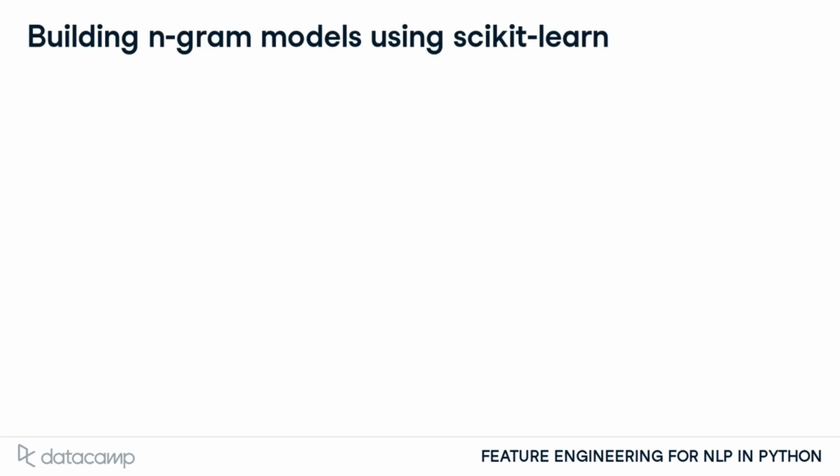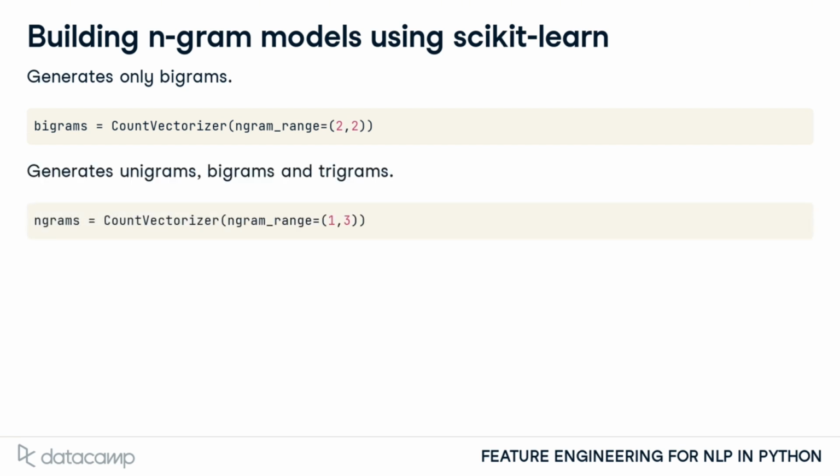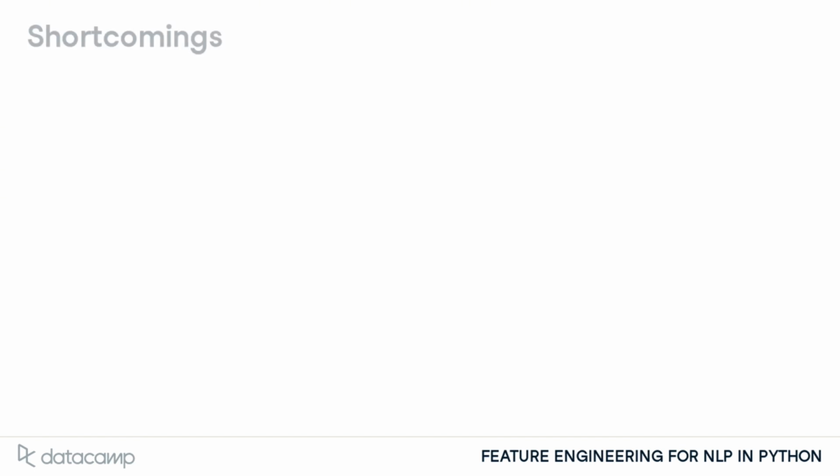Building these n-gram models using scikit-learn is extremely simple now that we know how to use CountVectorizer. CountVectorizer takes in an argument ngram_range, which is a tuple containing the lower and upper bound for the range of n-gram values. For instance, passing (2, 2) as the ngram_range will generate only bigrams. On the other hand, passing in (1, 3) will generate n-grams where n is equal to 1, 2, and 3.